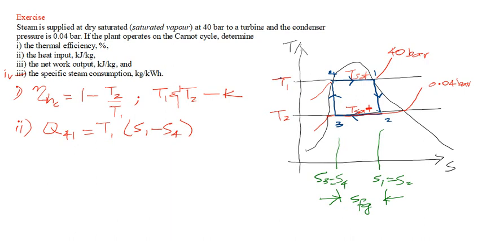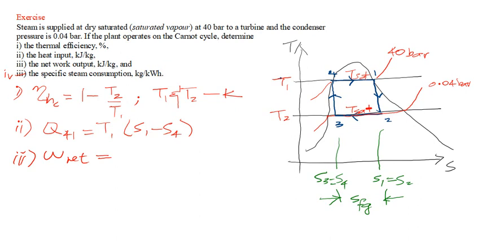And then after that, we are going to have the net work output. For the net work output, we are not going to use the SFEE in terms of the enthalpy change. It could use W net equal to W12 minus W34. But right here, we are going to get the W net in terms of the thermal efficiency.